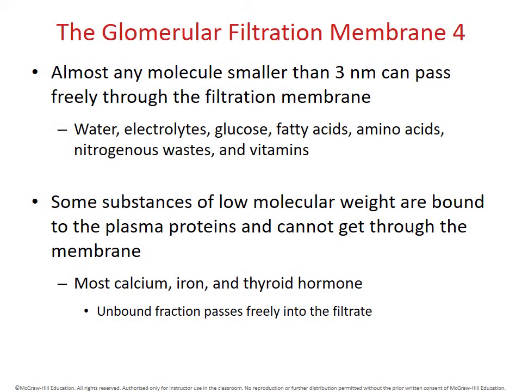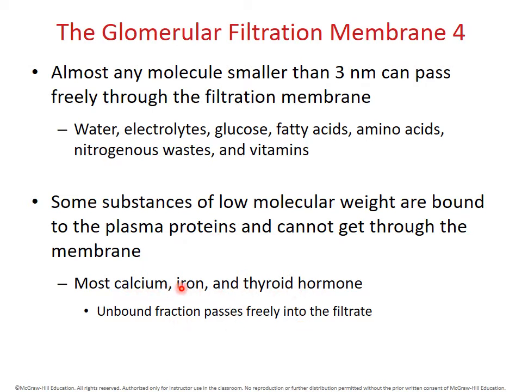So as I said earlier, almost any molecule smaller than 3 nanometers can pass freely, and that was that list of things. And then we said substances that you might guess would be small enough to pass through, but are carried on carrier proteins, of course, don't make it through. If we can unbind them from their carrier proteins, then they will pass through freely.